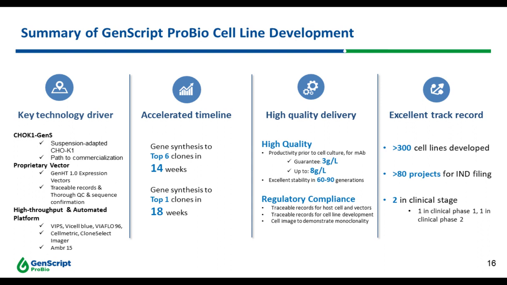We have an excellent track record. In our company, we have developed more than 300 cell lines and supported more than 80 projects for IND filing. And as far as we know, at least 2 are in the clinical stage.